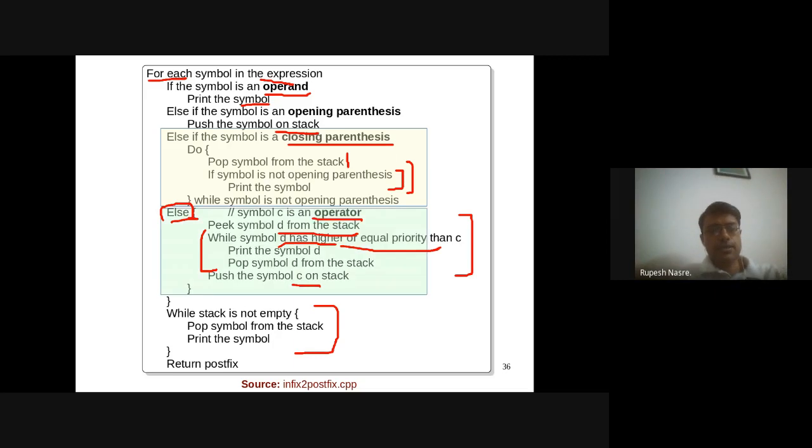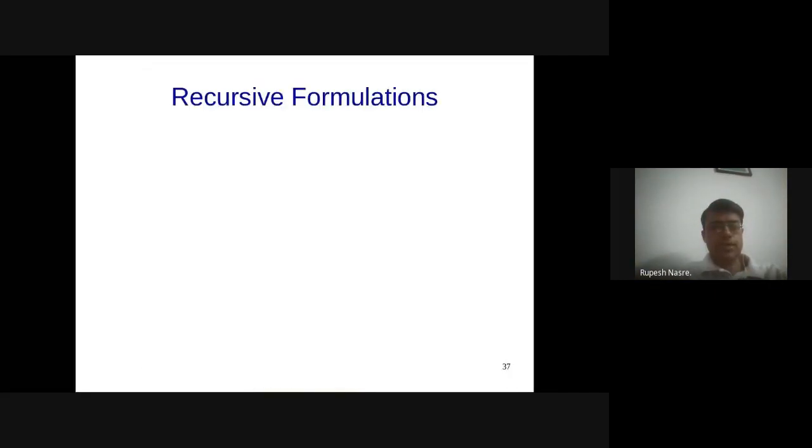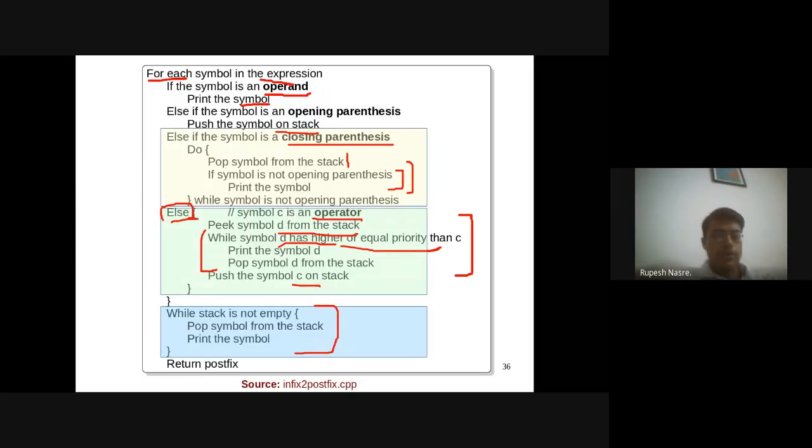These are the different parts of the algorithm which we have already discussed. There is one small piece, infix to postfix, where I think we wanted to see the code.